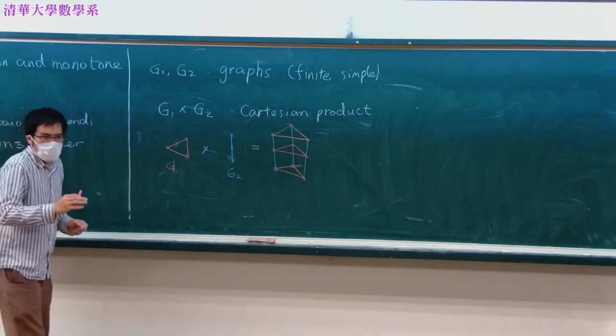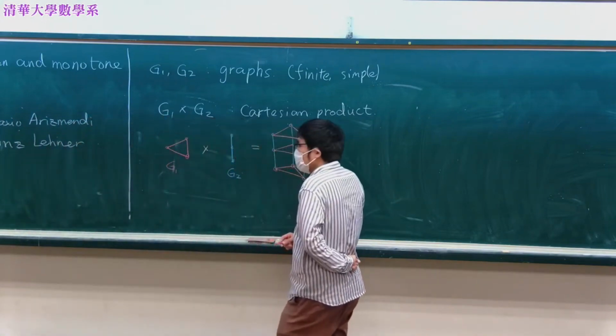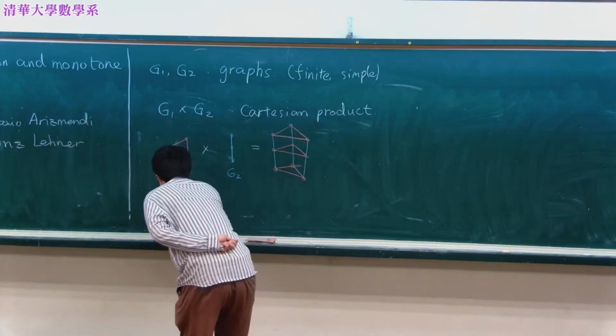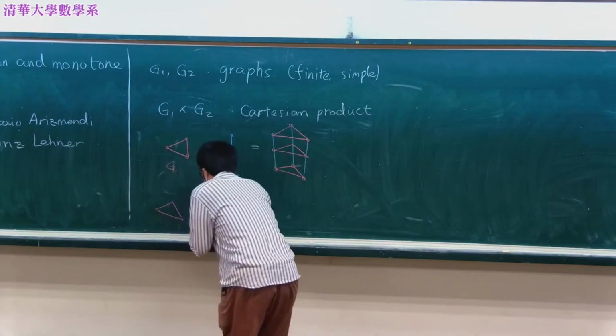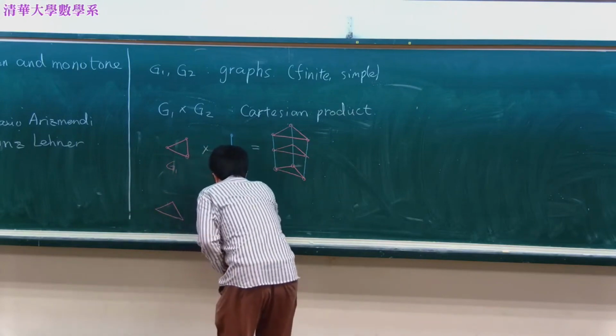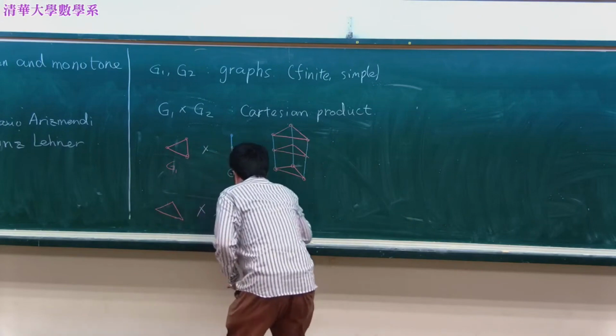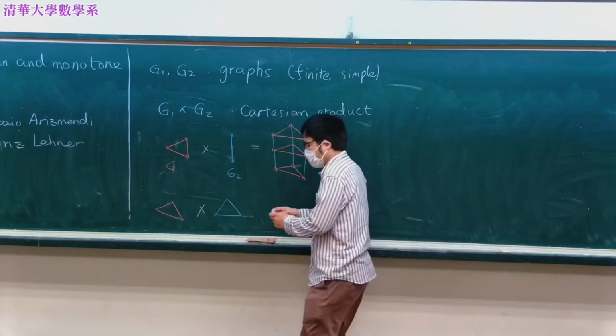I will give you another example. How about triangle and also triangle? How does the product look like?